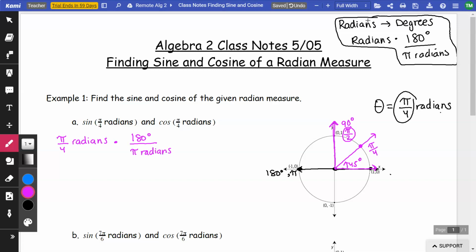Let's see if our conversion formula helps us come to the same degree as what we just figured out in our unit circle using a little bit of logic. Radians divided by radians cancels, pi divided by pi cancels. We're left with 180 degrees divided by 4, which is in fact 45 degrees. So pi over 4 radians is the same thing as 45 degrees.